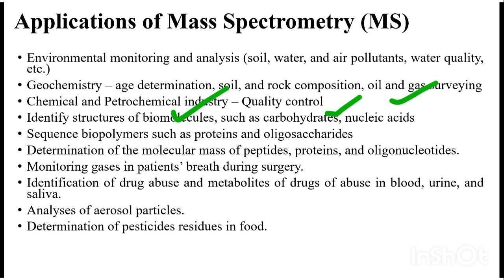Monitoring gases in a patient's breath during surgery. Identification of drug abuse and metabolites of drugs of abuse in blood, urine and saliva, analysis of aerosol particles, and determination of pesticide residue in food. So these are the applications of mass spectrometry.